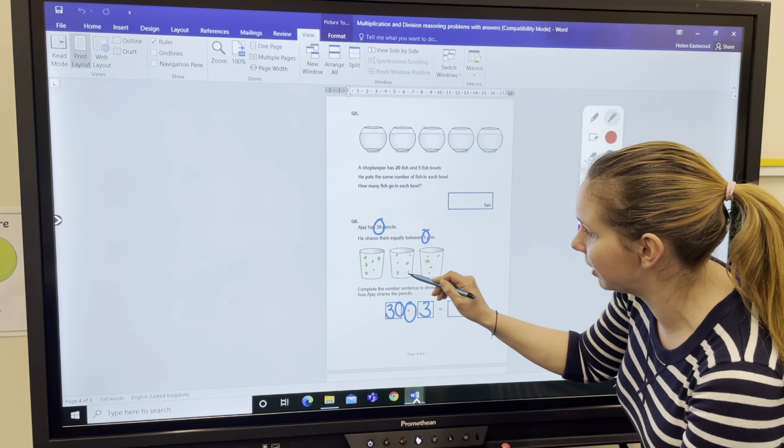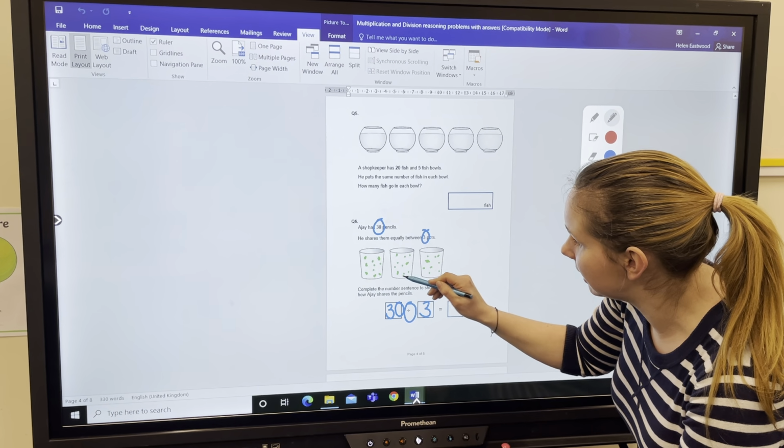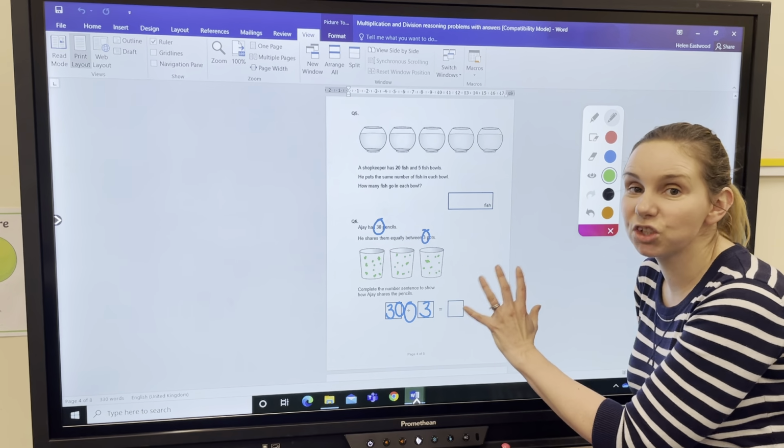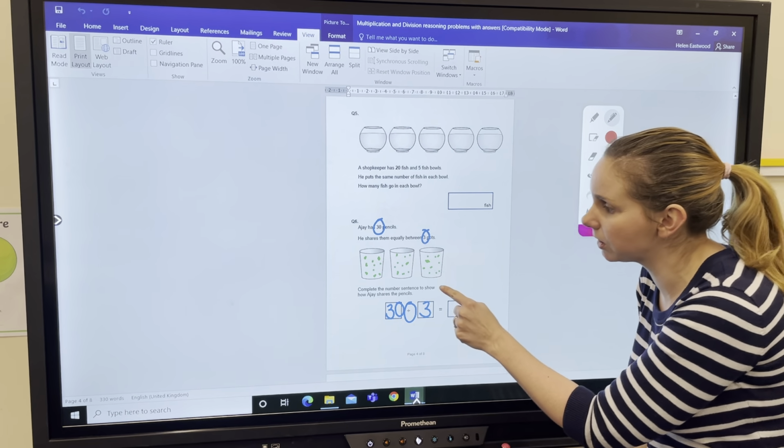I'm really concentrating now. 19, 20, 21, 22, 23, 24, 25, 26, 27, 28, 29, 30. Okay, so I know I've shared them equally now because I finished in that pot.